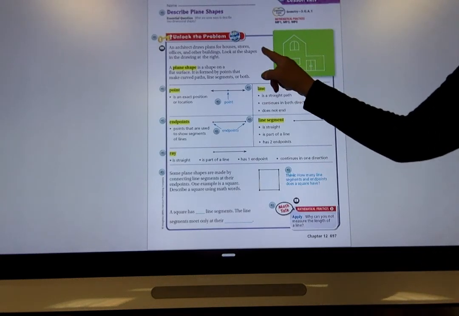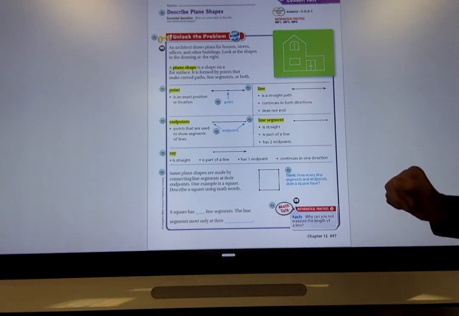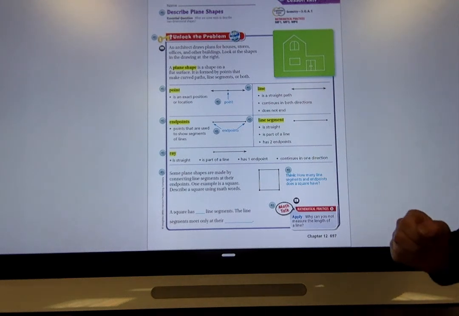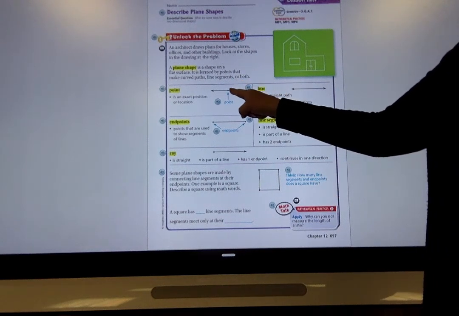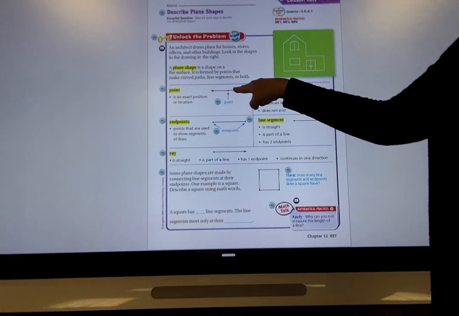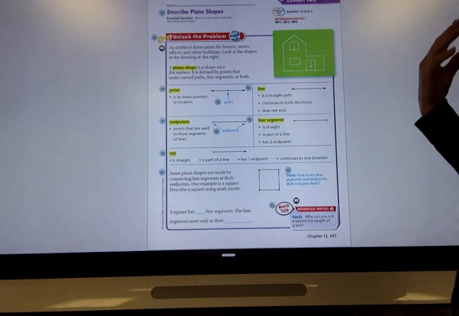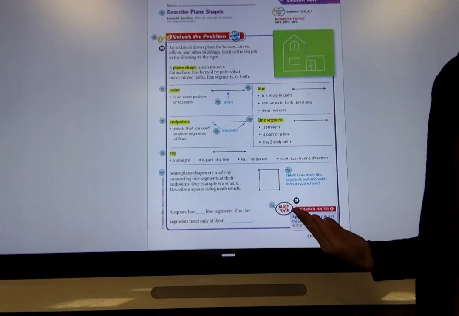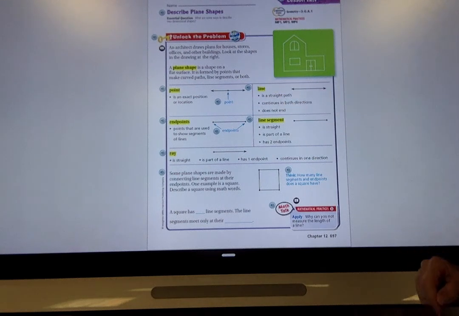Along the way, we're going to have some different terms that we'll be using in geometry, and it's really important that you use the correct terms. So a point is an exact position or location. That is a point. And we would name that like point A or point B. It's an exact location on that line, right in the middle.